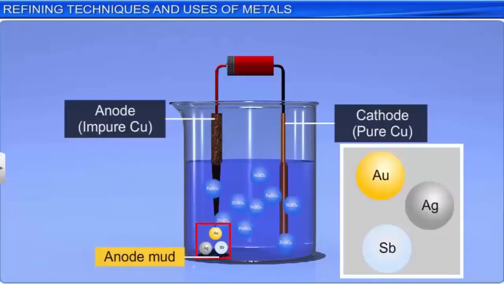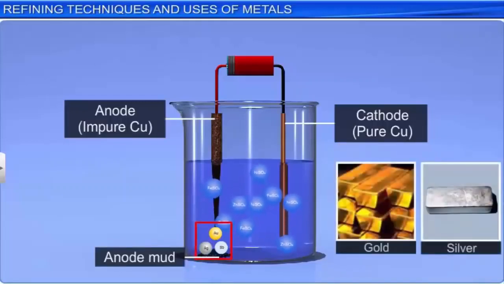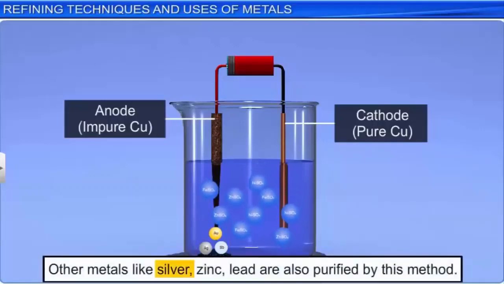Precious metals like gold and silver can be recovered from the anode mud. Other metals like silver, zinc, and lead are also purified by this method.